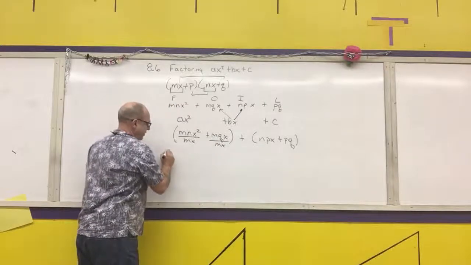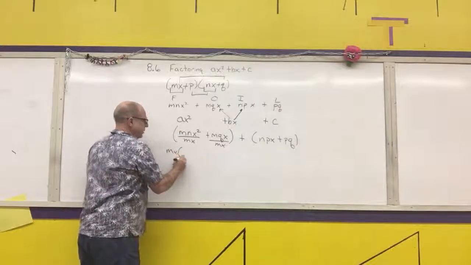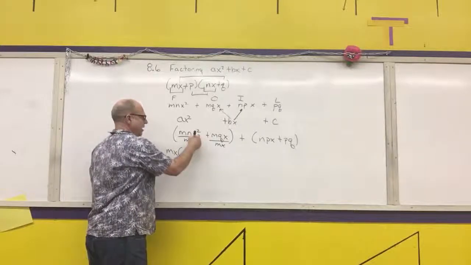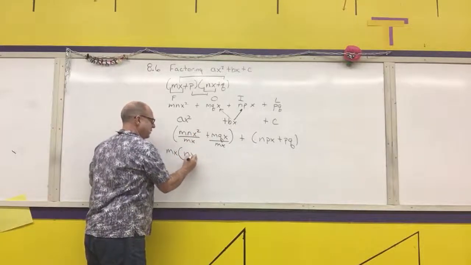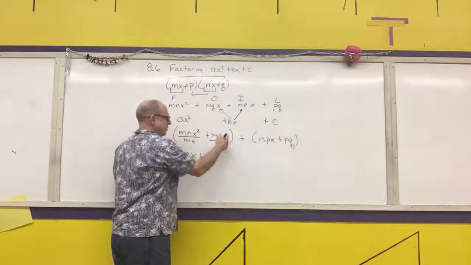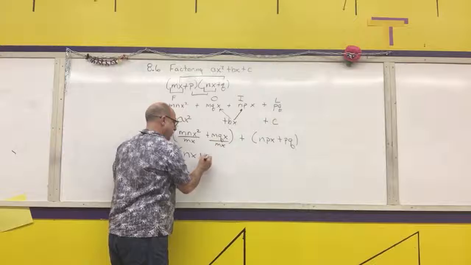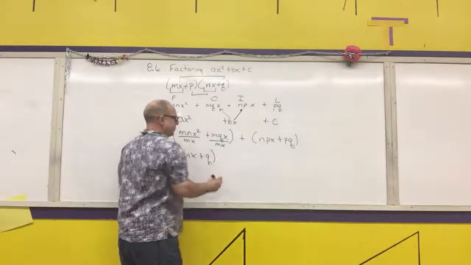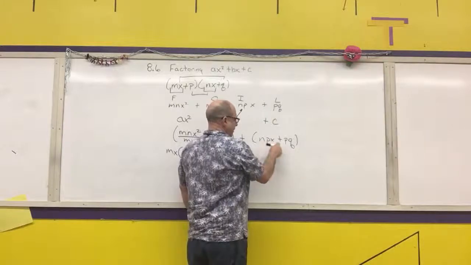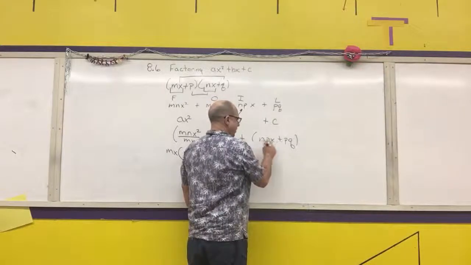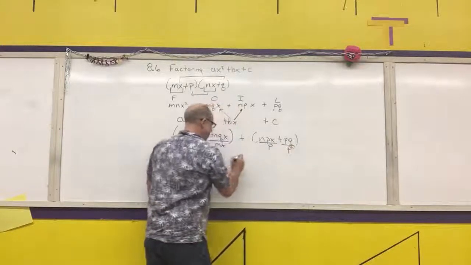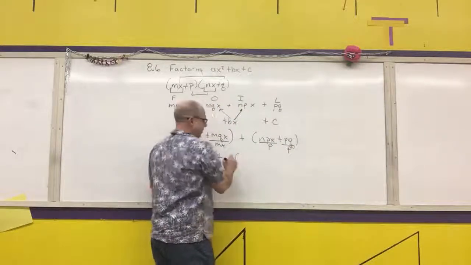So I'm going to write mx outside of a set of parentheses. The m's cancel. I have an n. X squared divided by x is x. Plus, the m's cancel, the x's cancel, and I have a q. Plus, what do I have in common between this set of terms? The only thing in common between these two terms is a p. So I pull the p out, and I do the division.